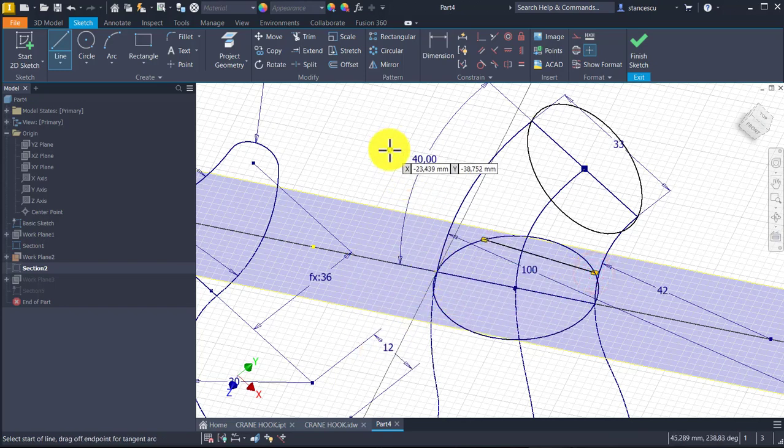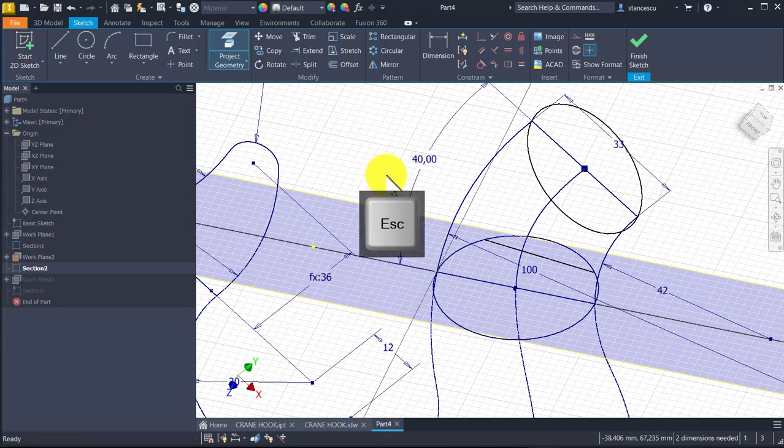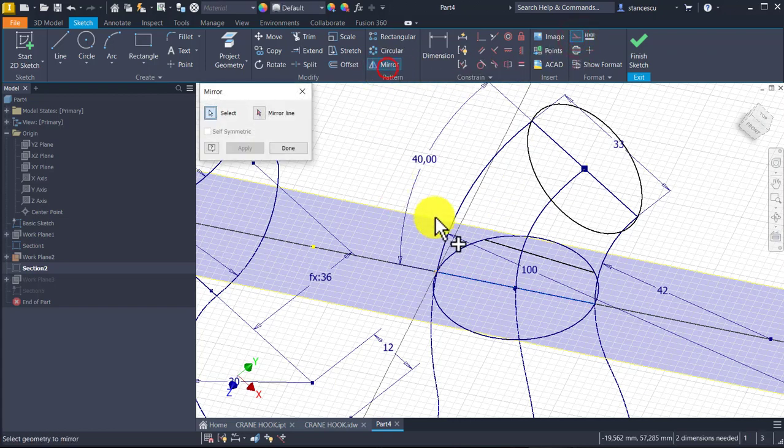and the other is a projection of the diameter, which must be construction to apply mirror of this line about that construction line or center line.